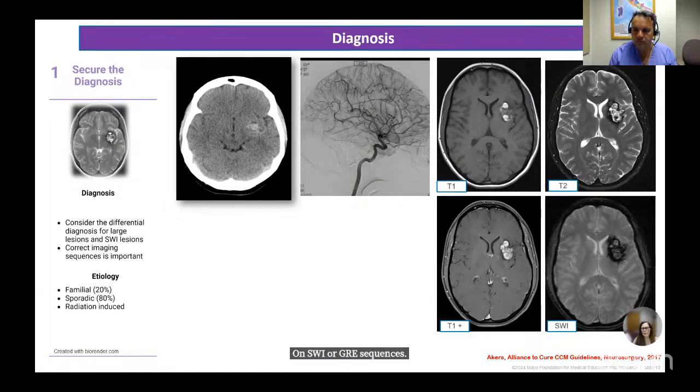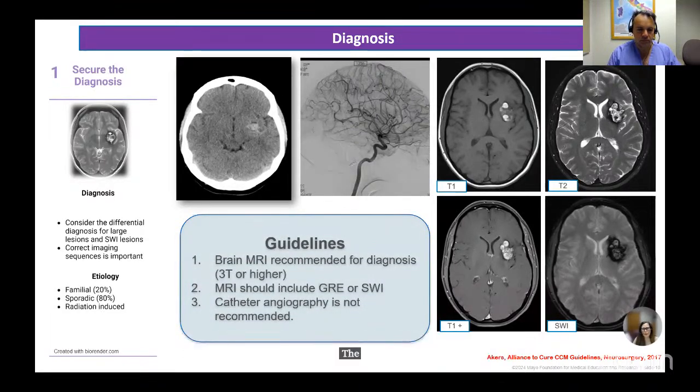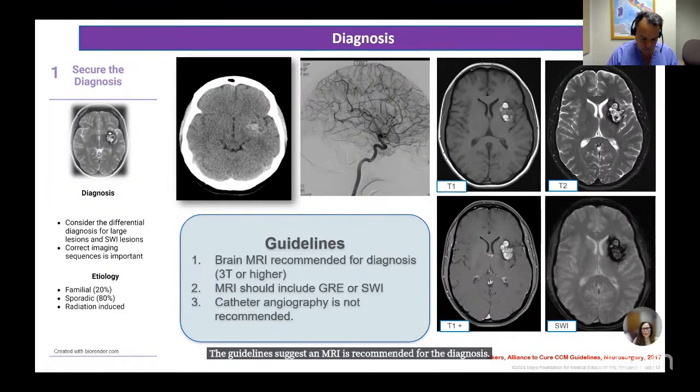The T1 generally shows us if there's any subacute hemorrhage, and T1 with contrast is really to help us rule out other causes for such a lesion. The cavernous malformations typically are either non-enhancing or mildly diffusely enhancing.